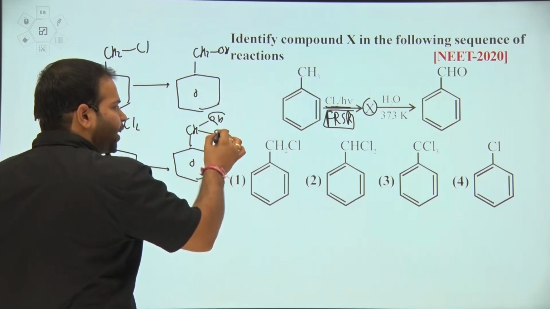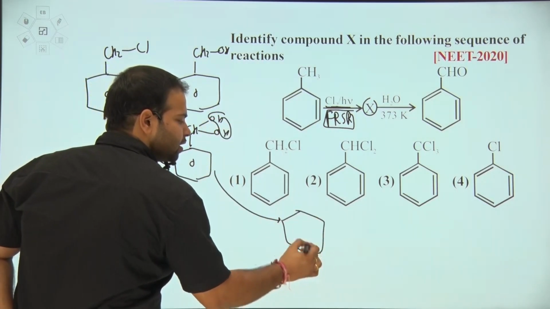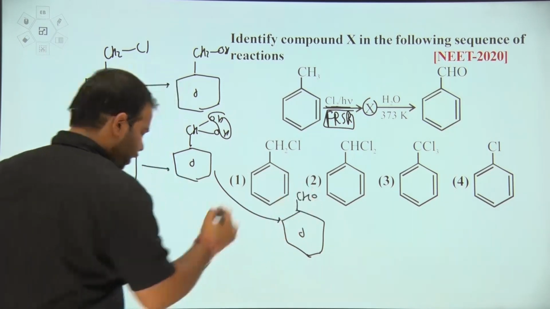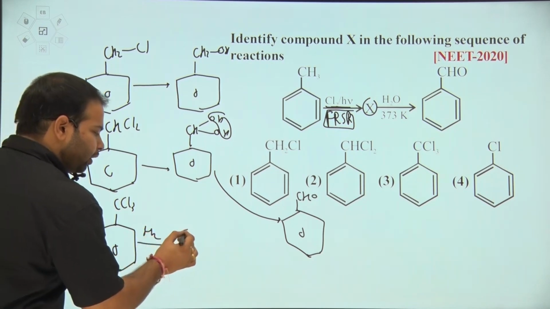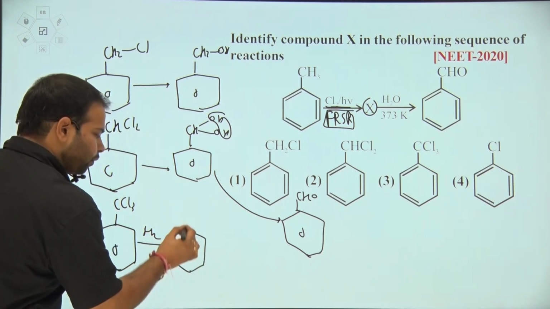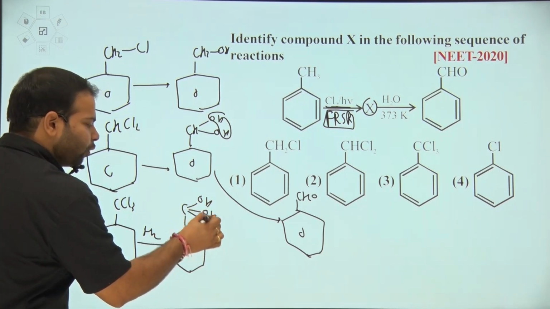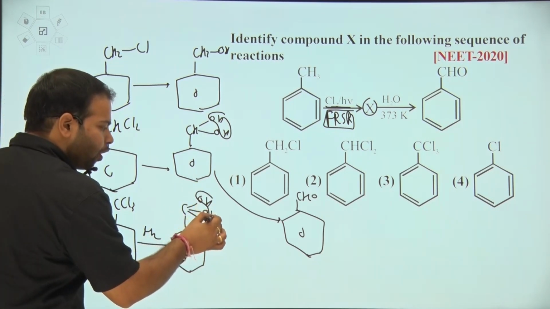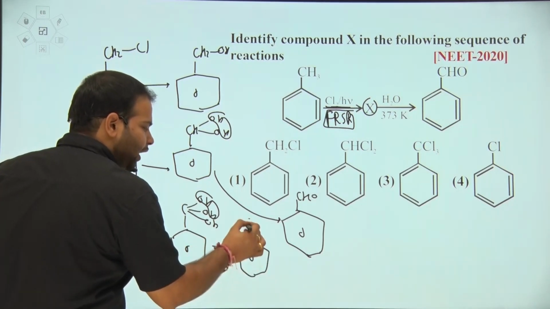That's why it will eliminate a water molecule to form the final product, that is CHO, benzaldehyde. In the third case, if this is hydrolyzed with water, then this carbon has 3 OH groups, and we know that due to instability this will eliminate a water molecule to form the final product, that is benzoic acid.